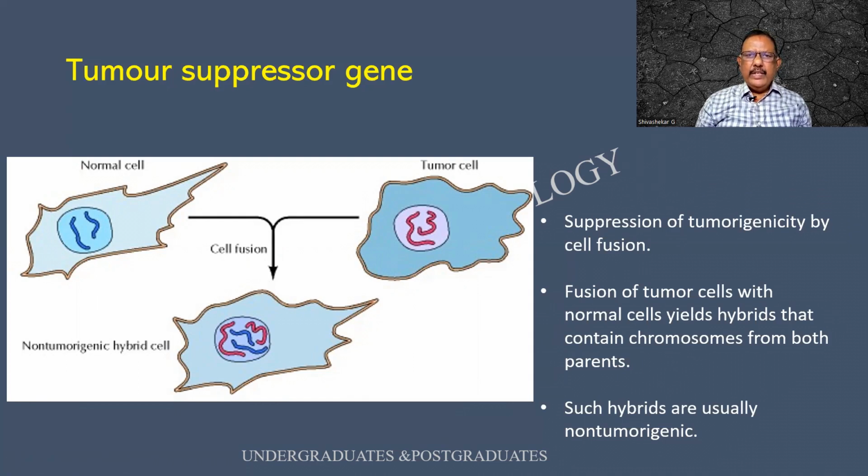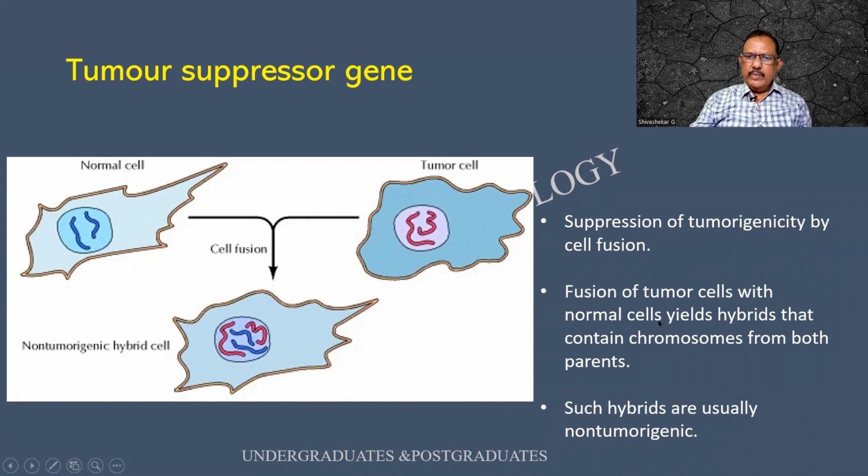In fact, each one of us has an abnormal chromosome and a normal set of chromosomes, but still the abnormal property is not to the front. This is because of the suppression of tumorigenicity by the cell fusion.